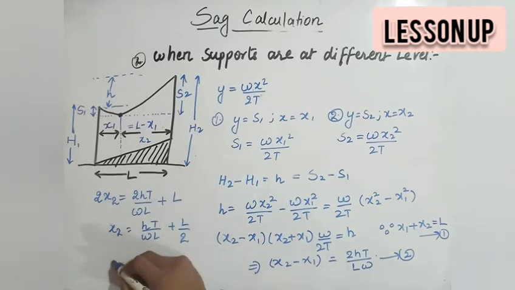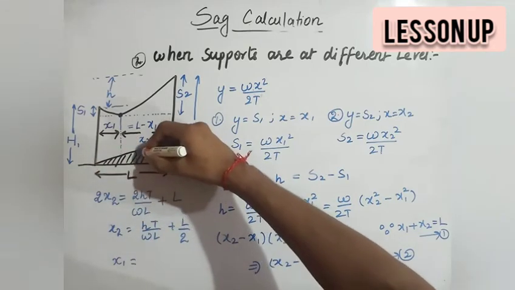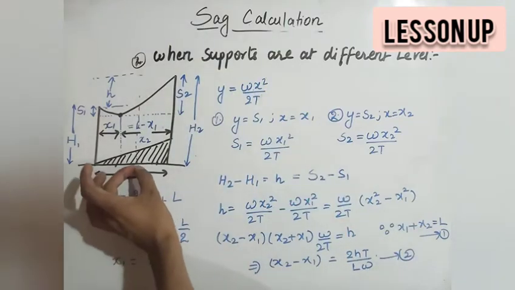Similarly, what will be x1? We have calculated x2, that is L by 2, that is half of the span somewhere here, right? We get half of the span somewhere here. So this moved in this direction.